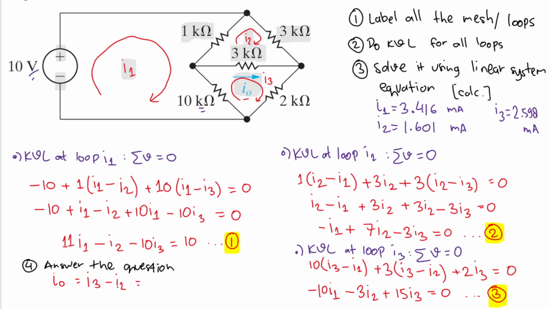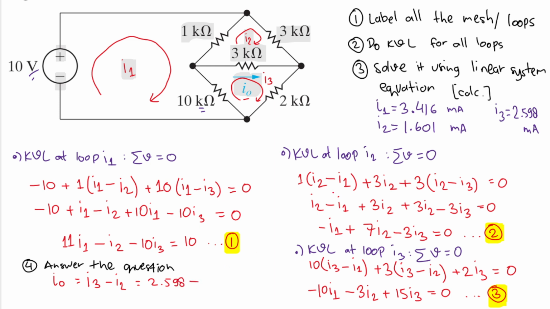And what is I3? I3 is that one, 3.416. And then, no, I3 is not this one. I3 is 2.598.